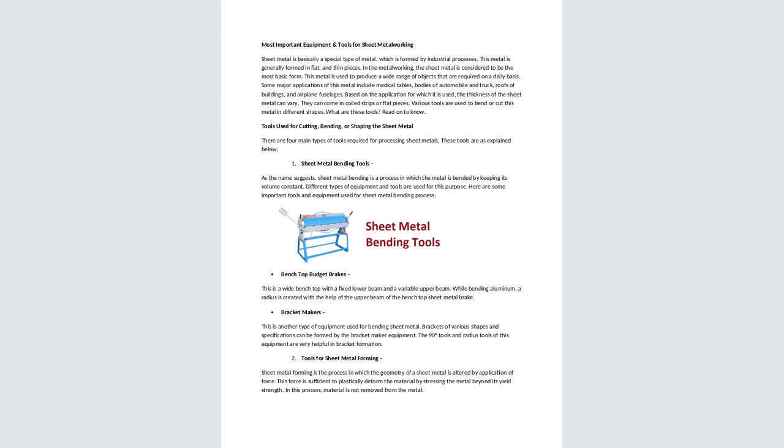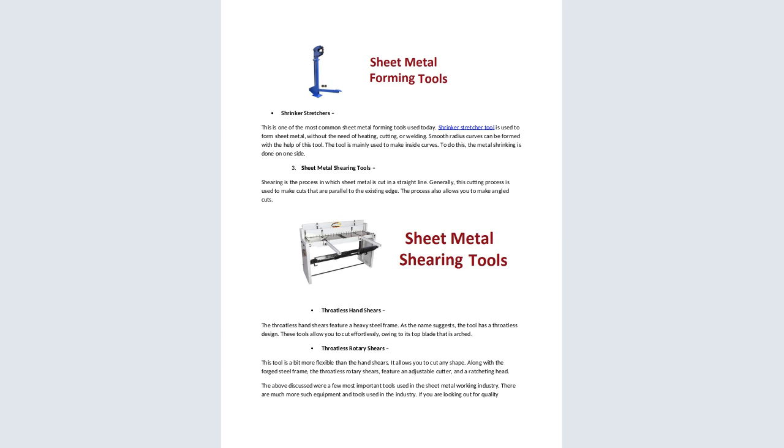Next are the tools for sheet metal forming. The sheet metal forming process is a process in which the geometry of the sheet metal is altered by application of force. This force is sufficient to plastically deform the material by stressing the metal beyond its yield strength. We'll also talk about these strengths, and we will also discuss some other things.